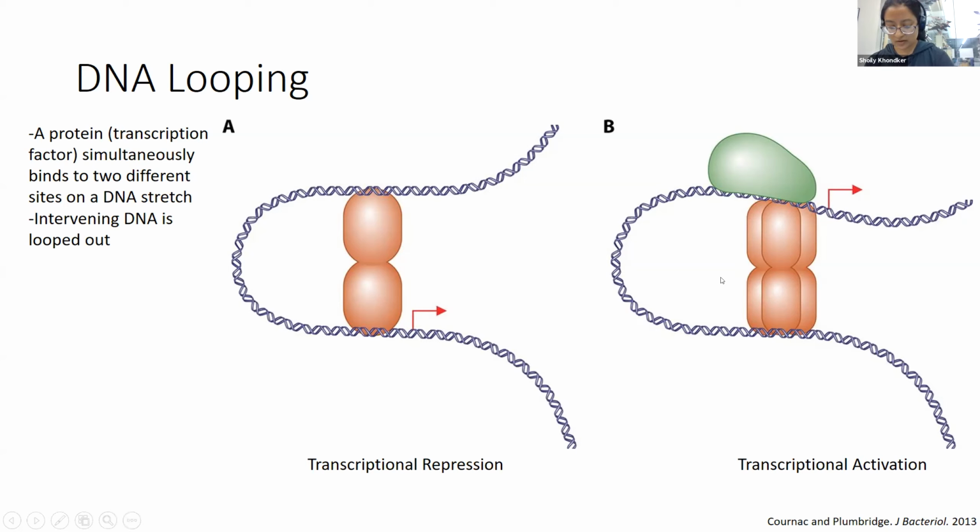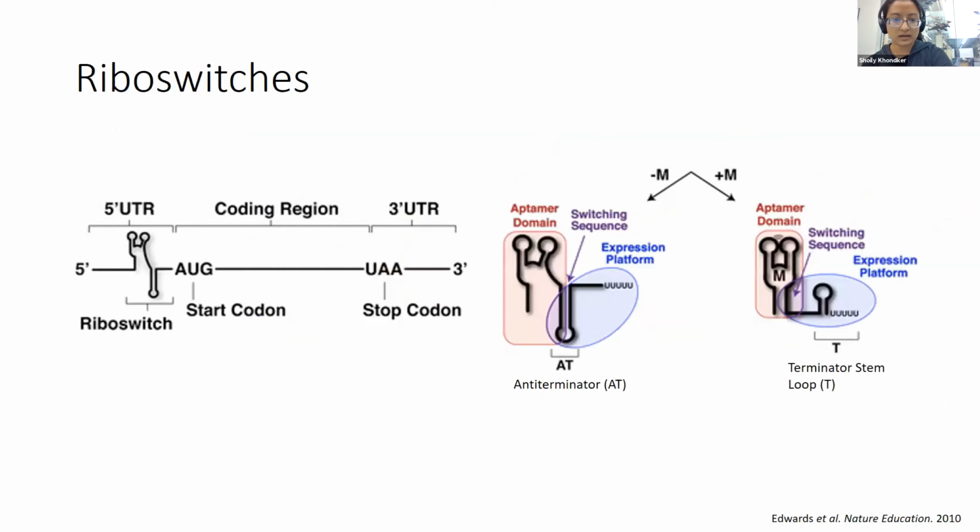And in B, they're showing activation of transcription by DNA looping. So this is also referred to as an enhancer, and this may facilitate binding of RNA polymerase to the stretch of DNA.